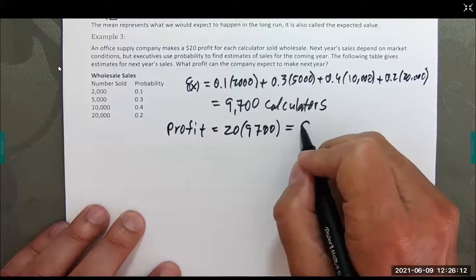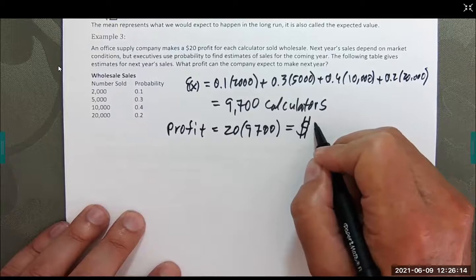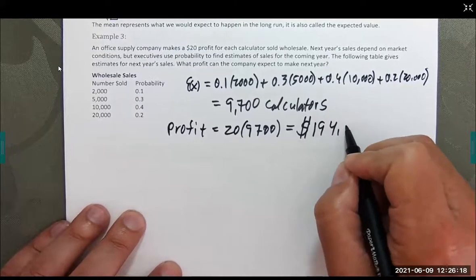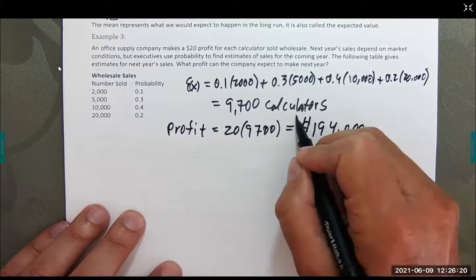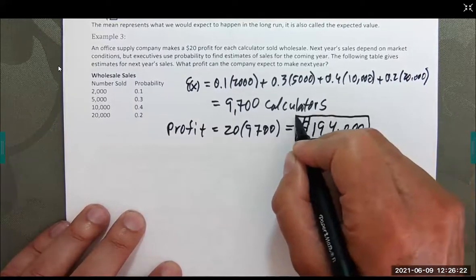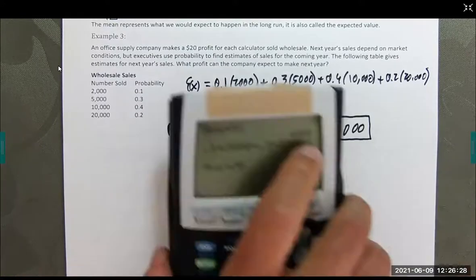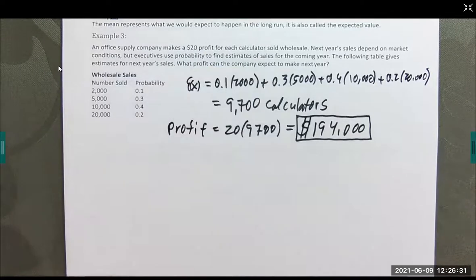That's $194,000. Now, I know that sounds like a lot of money to you and I, but the company that makes this calculator, they make a lot more money on calculators than that per year. All right, moving on.